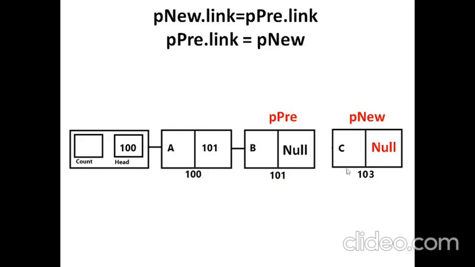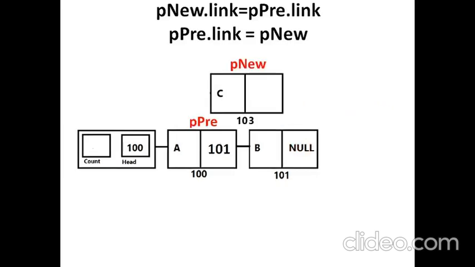So we have to copy 103 here. Now this node has been connected to the linked list. So we have successfully attached a new node into the linked list at the end of the list with these two statements. Now let us see how it works when you want to insert at the middle.